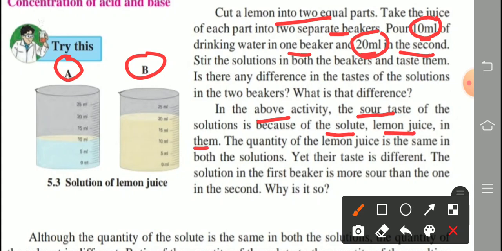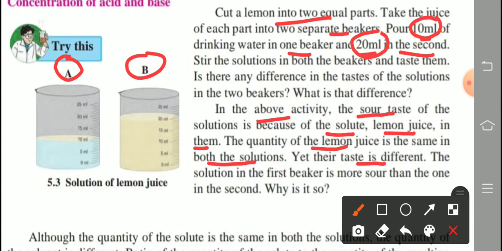The quantity of lemon juice is the same in both solutions, yet their taste is different. Why? Because the solvent is different. In the first beaker A, only 10 ml water is taken, and in the second 20 ml. That's why the taste is different, obviously.